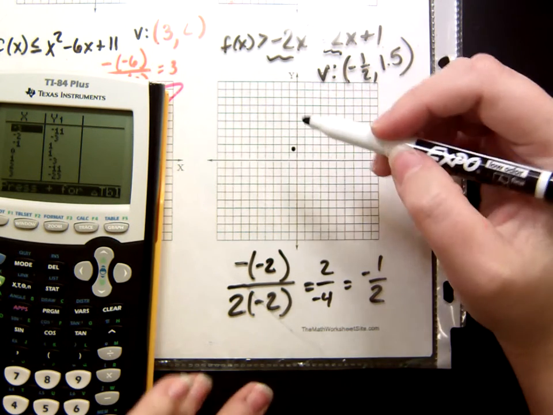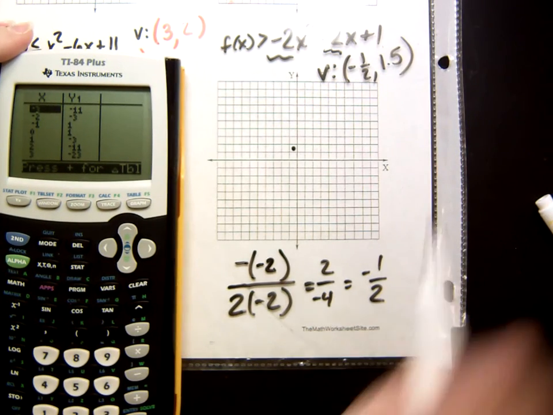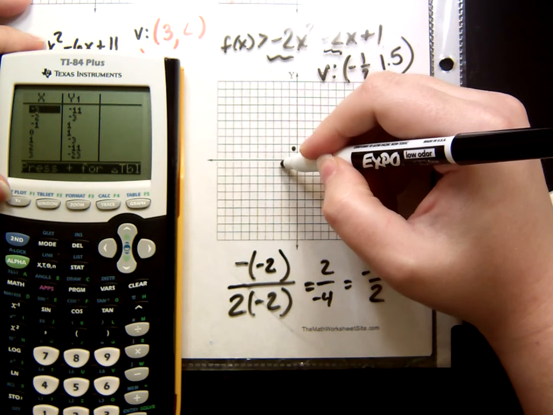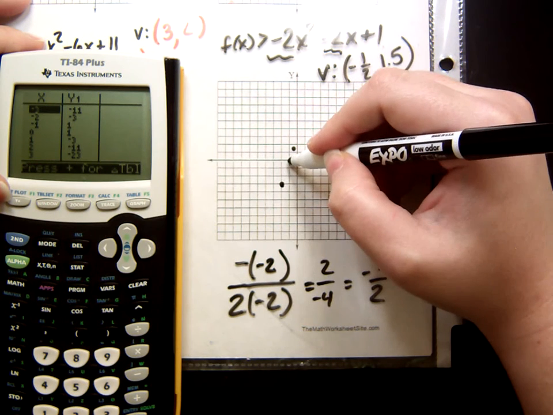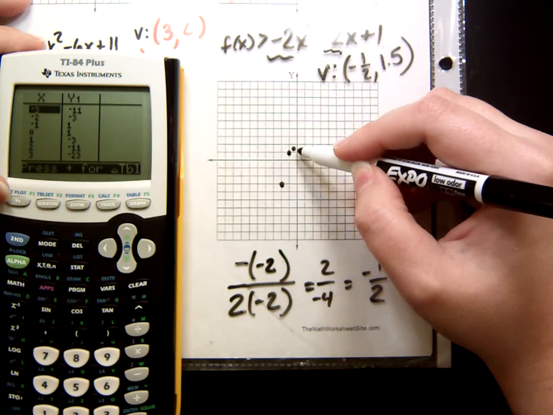For my other points that I can plot, I'm using my little table here. I've got negative 2, negative 3. Let's see, negative 1, 1, and that's probably good enough. So 0, 1, and then that.